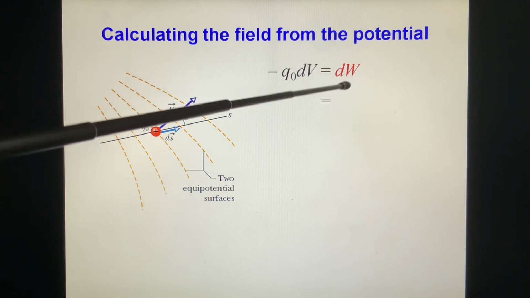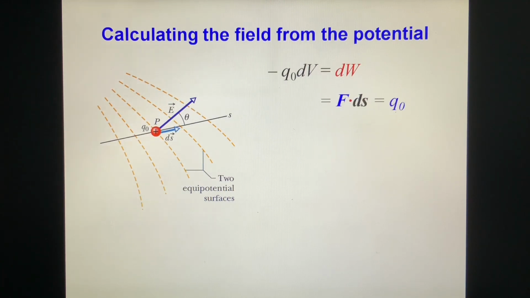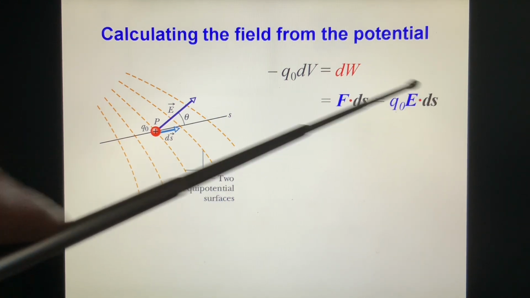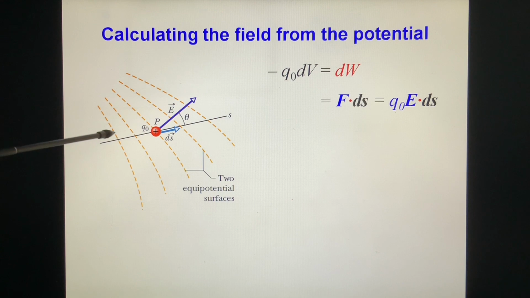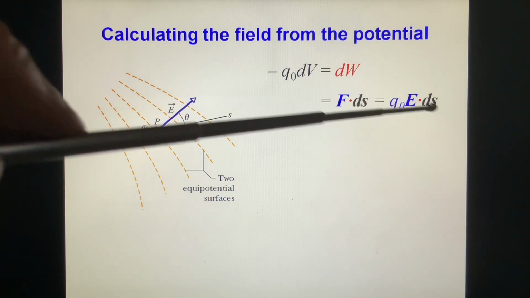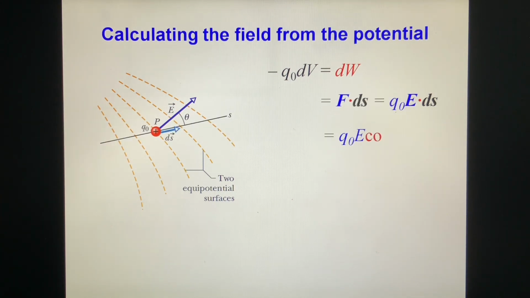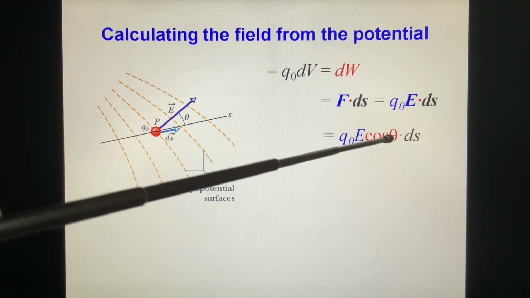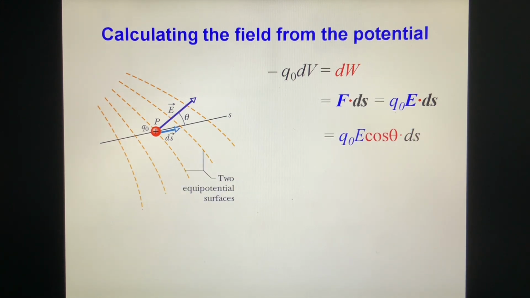The dW is equal to F dot ds. In this case, F equals Q0 E, in this direction, and ds direction. Extended, this equals Q0 E cosine theta. The cosine theta can change, in any direction.